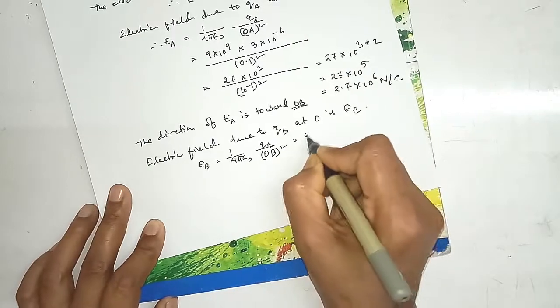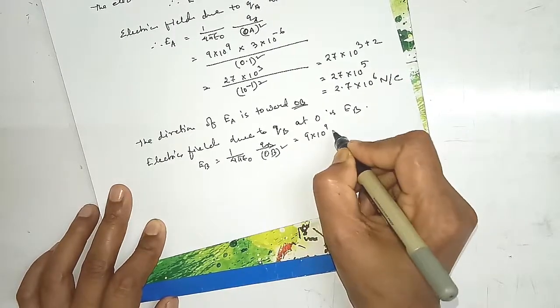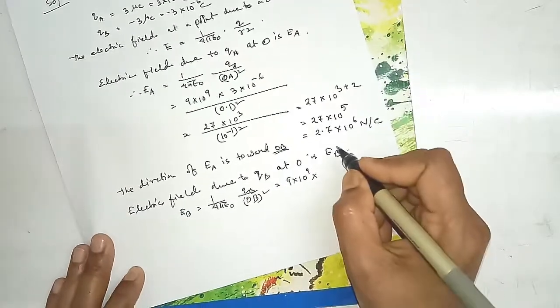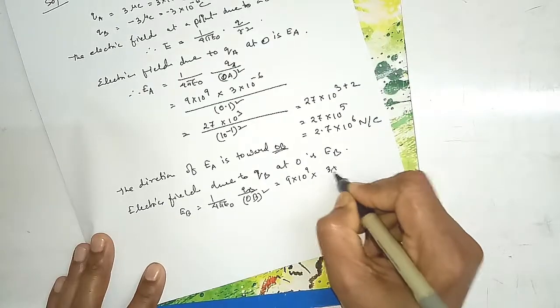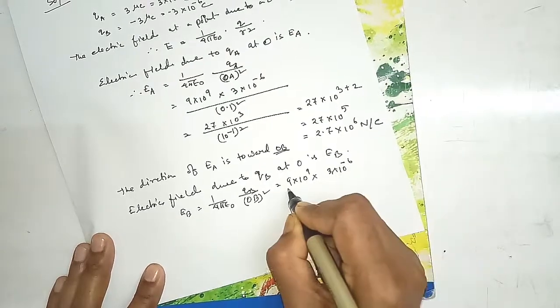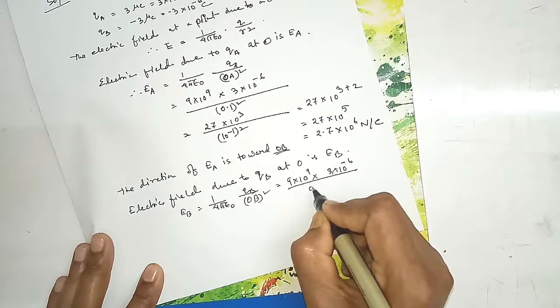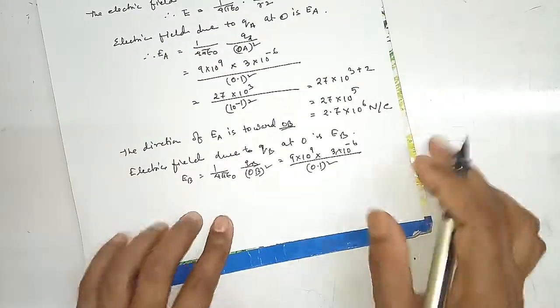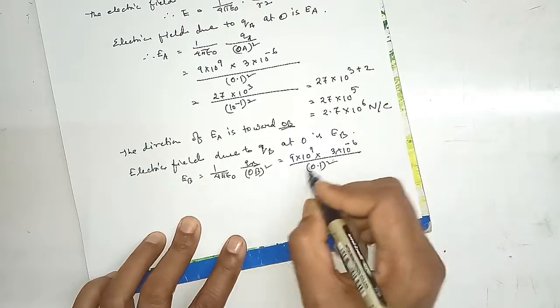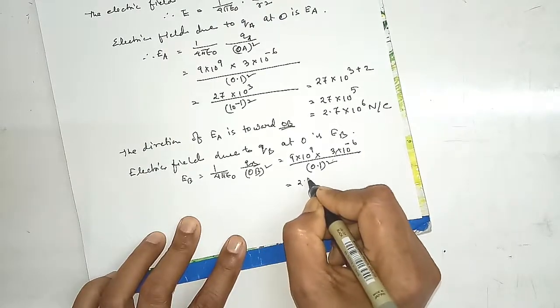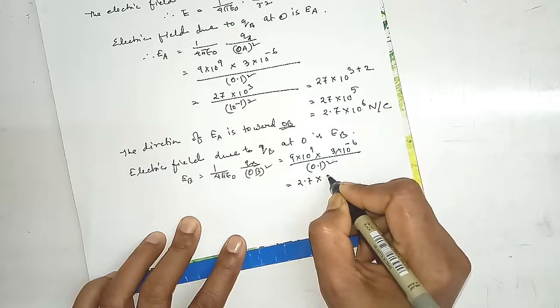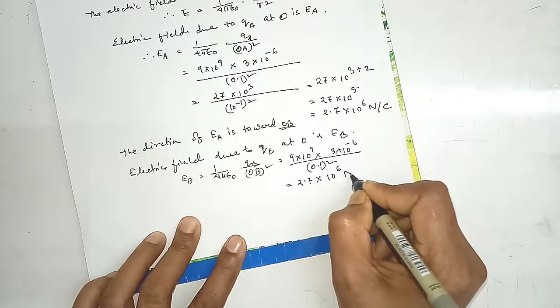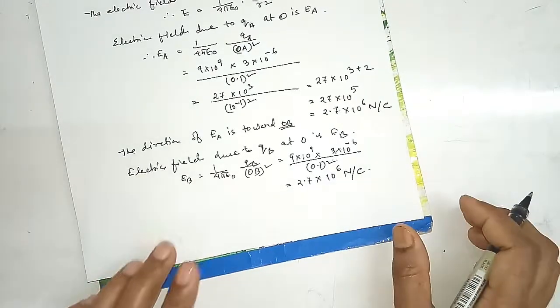So that is 9 into 10 to the power 9. QB का वैल्यू है 3 into 10 to the power minus 6 by 0.1 whole square. Okay, so which is similar to the earlier value. So its result is also 2.7 into 10 to the power 6 Newton per Coulomb.